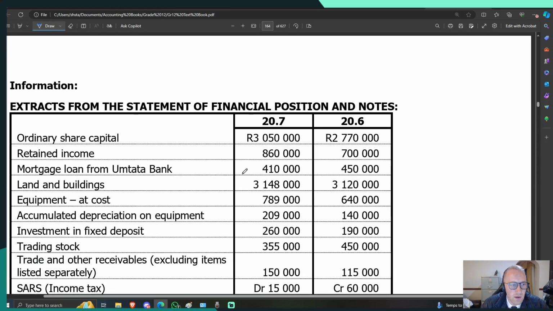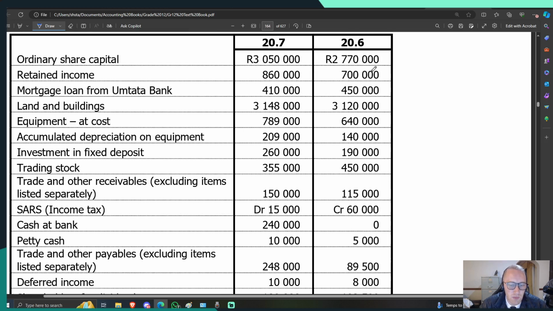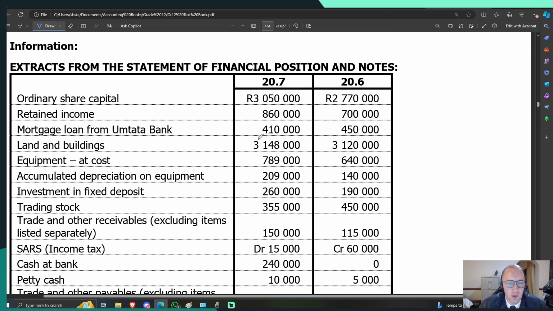So here we go. Here is an extract from the statement of financial position, that is the balance sheet, and notes, that is notes to the balance sheet. So I guess this is a bit of a more summarized presentation of the financial statement and notes.